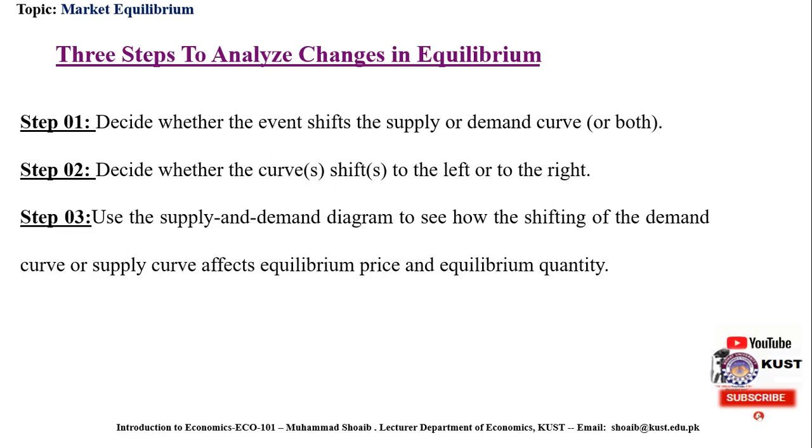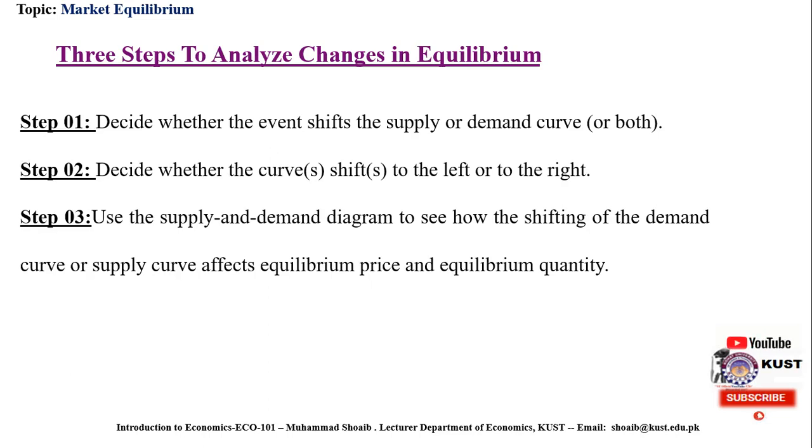We are going to check whether the event that has occurred is a shift factor of the supply curve or the demand curve. In the second step, we are going to check whether the event positively affects the supply curve or demand curve, or negatively affects the supply curve or the demand curve.